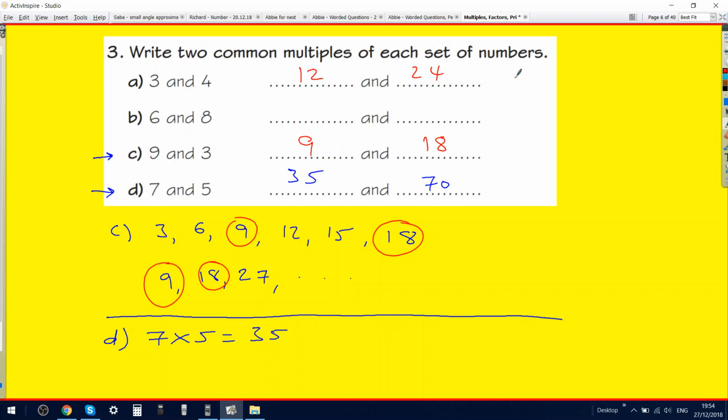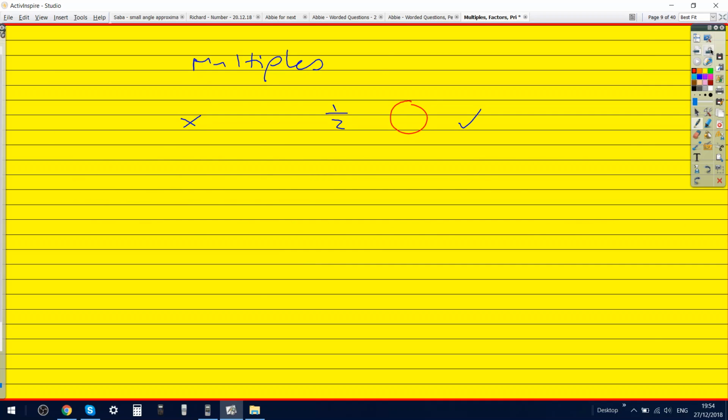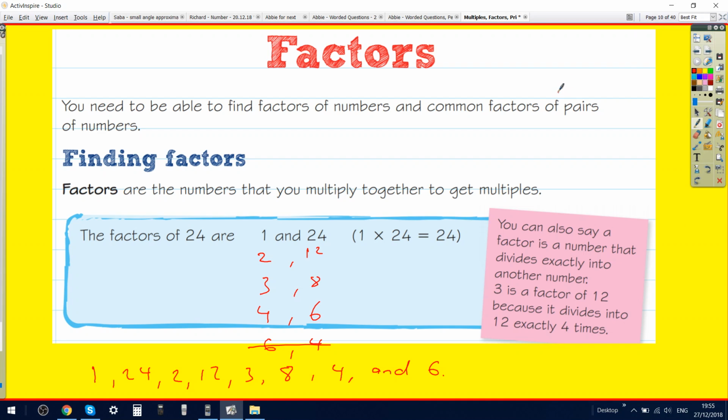Yeah, so those two will work. Okay. We did this one. So that's multiples. The factors are the numbers that you multiply together to get multiples.